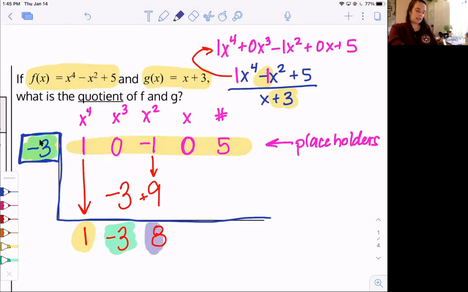And then I'm going to take 8, multiply it times -3. I get -24. Whew, these numbers are getting kind of big. 0 minus 24 is -24.